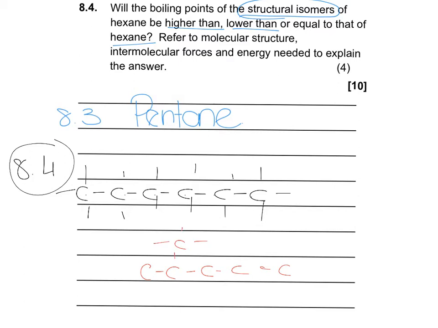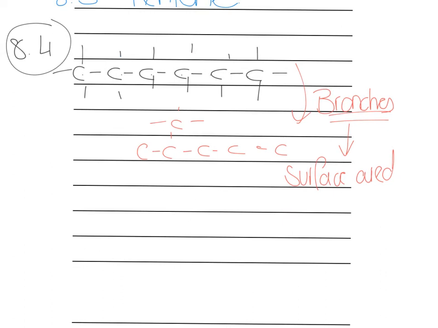So when we get the structural isomers, we're going to have more branches. Remember, as we have more branches, the surface area decreases, so the surface area gets smaller. What happens as a result?